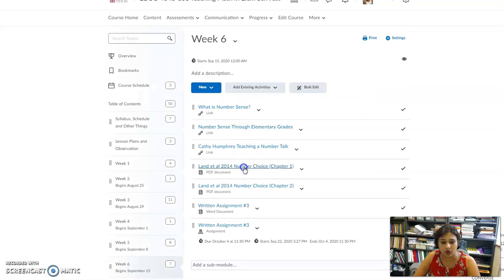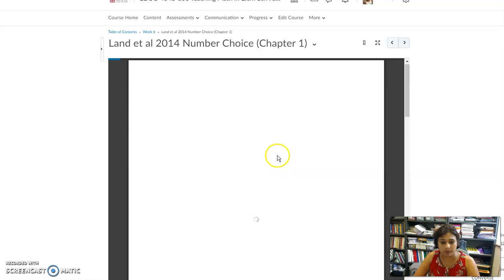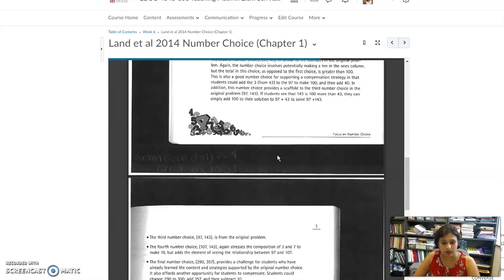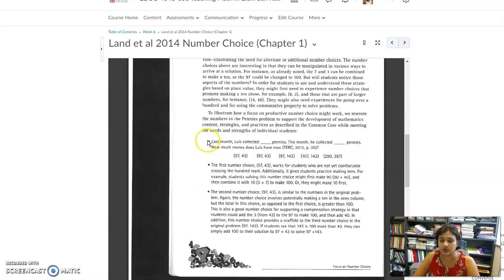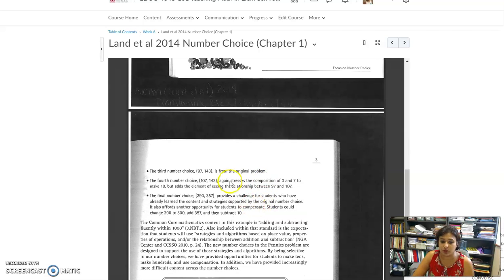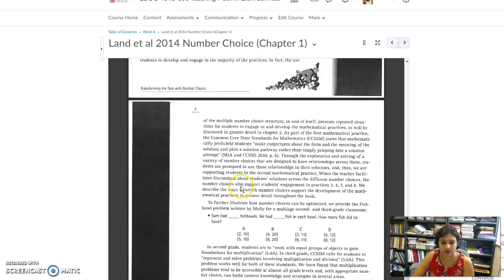So when you go to chapter 1, here is a number choice. This is the problem task because it's talking about pennies and money, which is a real world example. And then you have different number choices, and you rationalize each number choice as to why you are choosing it.